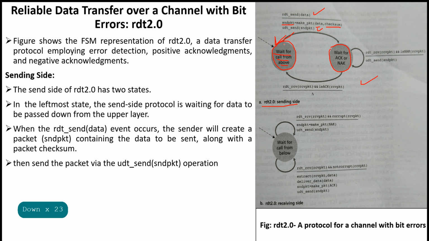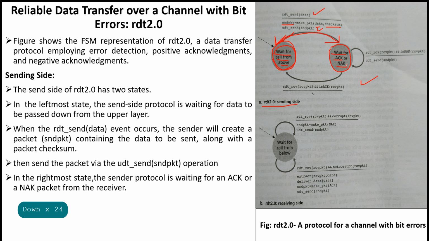After that, it changes the state from wait for call from above to the next state, that is wait for acknowledgement or negative acknowledgement. In the rightmost state, that is this state, the sender protocol is waiting for an acknowledgement or a negative acknowledgement packet from the receiver.